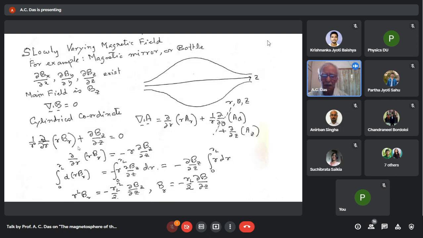When you make the integration, one thing you have noticed is that I have taken dBz by dz out of the integral, and on the right hand side your integral is 0 to r_L of r dr. If you integrate, this gives r_L Br, r Br is equal to r_L squared by 2, because r squared by 2 with limit r_L, times dBz by dz with a minus sign.